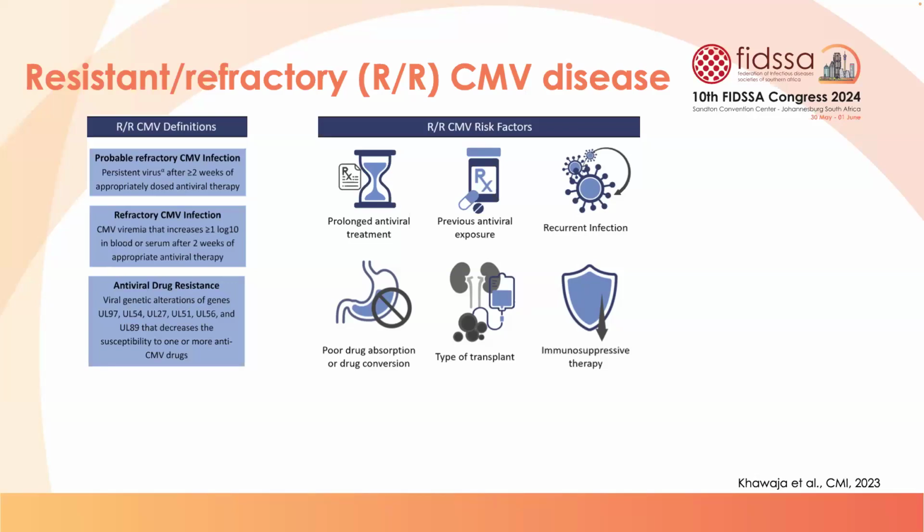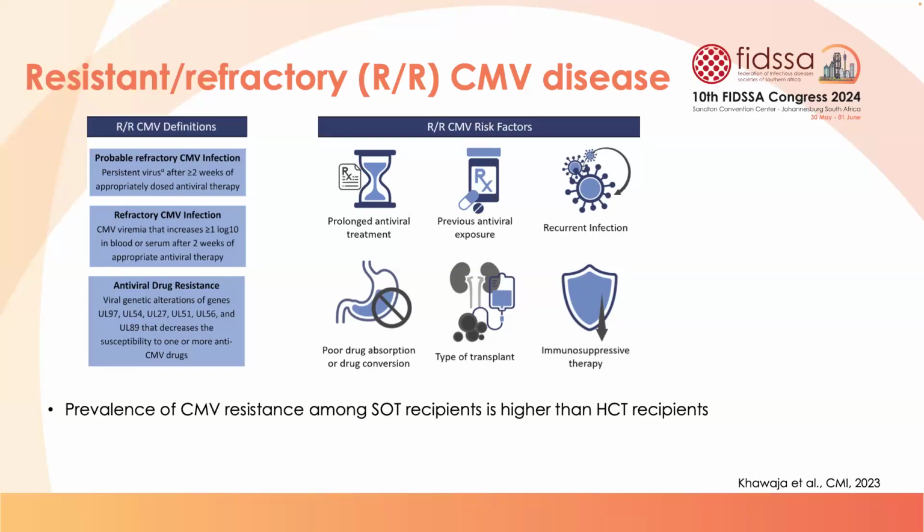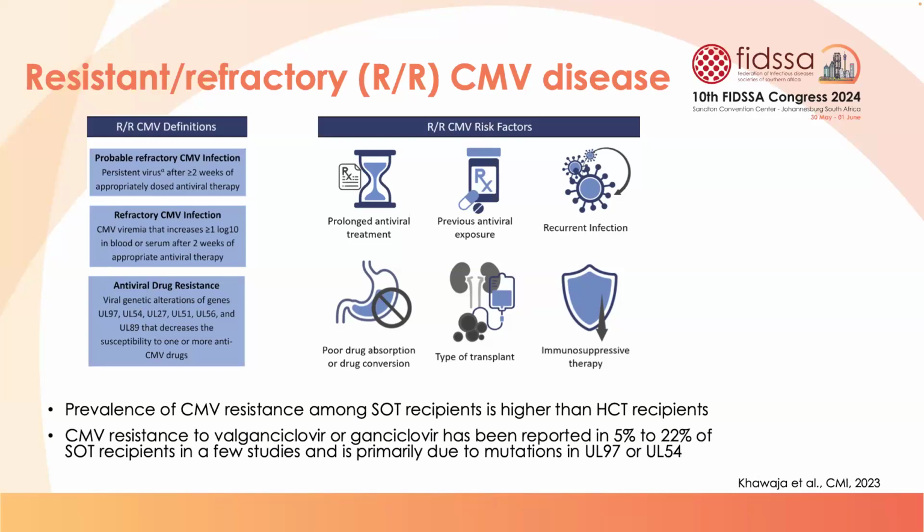And then obviously your level of immune suppression plays a role. Generally, because the prophylaxis method is preferred over preemptive therapy, solid organ transplant recipients generally have more incidence of CMV resistance. And in some studies, this has been up to about 22%.